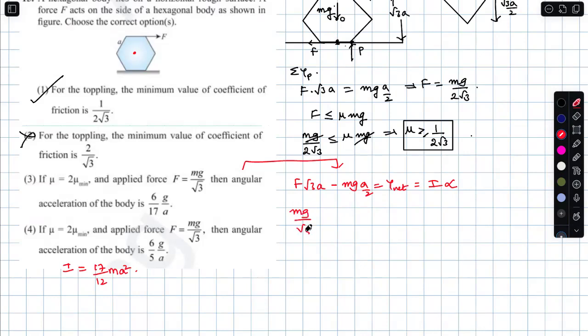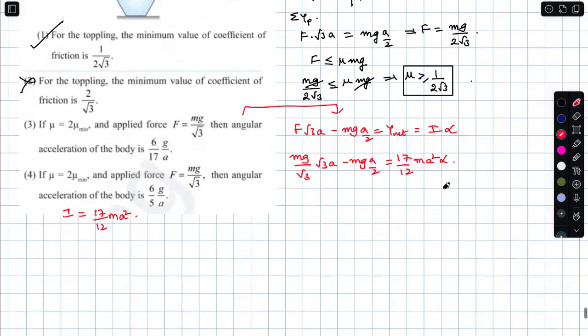So mg by root 3 times root 3a minus mga by 2 is 17 by 12 ma square alpha, where you will get alpha as 6 by 17 g by a. When option 3 is correct, option 4 is wrong.